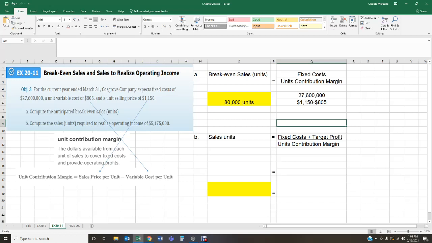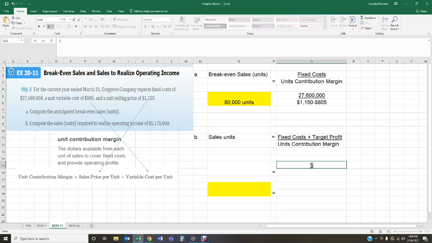In order for us to figure that out, we're going to calculate our sales units. To calculate the sales units required to generate that operating income of 5,175,000, I'm going to take my fixed cost plus my target profit, which is 5,175,000, over the unit contribution margin. Let's see what that will give us. Do we have our fixed cost? Yes, we do.